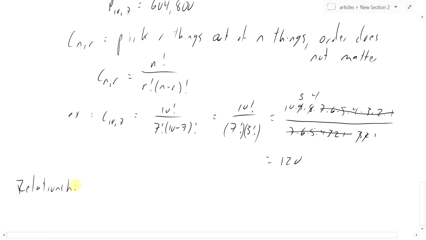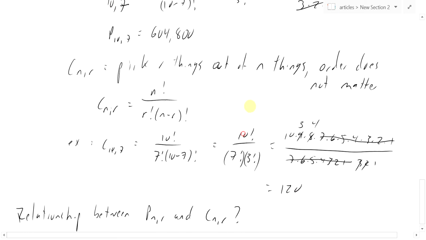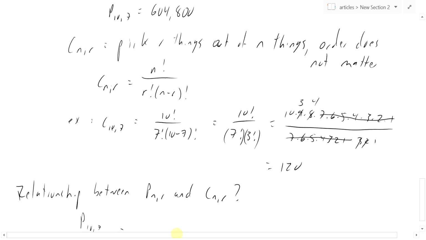What's the relationship between P(n,r) and C(n,r)? Well, if you notice, P is always bigger than C, right? There's more ways to order 7 things out of 10 than to just pick them. And note that P(10,7) over C(10,7), if you actually divided them, what would you get?